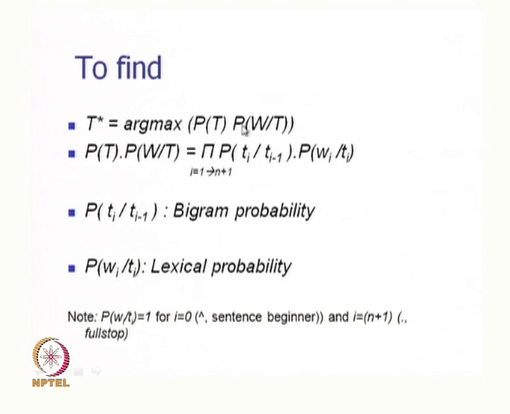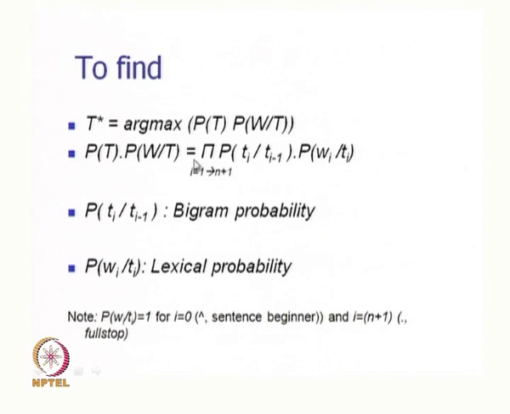The expression P(t) into P(w given t) comes after the application of the Bayes theorem, which converts P(t given w) to P(t) into P(w given t). P(t) is the prior probability, and P(w given t) is the likelihood probability. So, this, if you remember, came from the desire to score the tag sequences. The tag sequence, which is the best possible tag sequence, comes from the argmax computation.